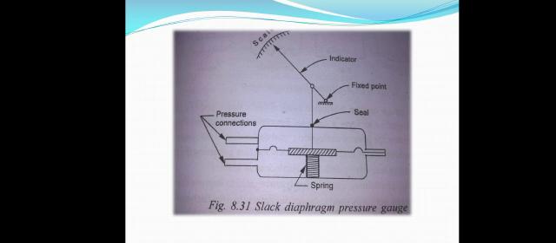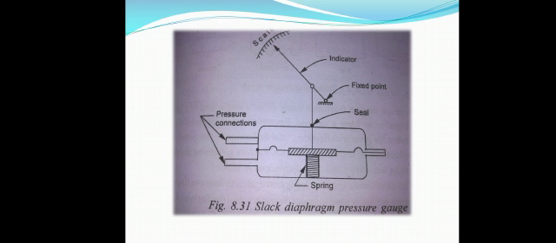Next, working principle. When the pressure is applied at the left side of the connections, the pressure comes to the chamber. At that time the spring will be deflected, and above the spring one diaphragm plate is available. So this is called a type of transducer. Diaphragm is also a transducer.